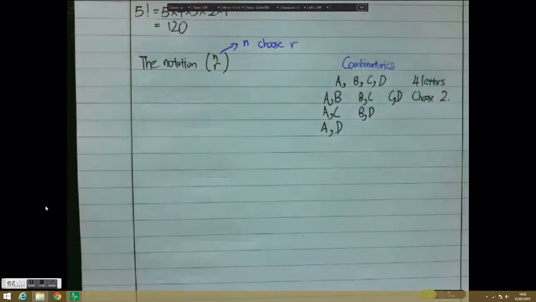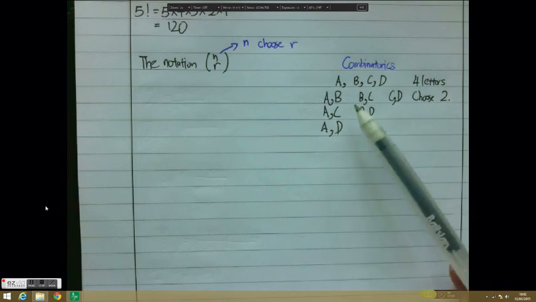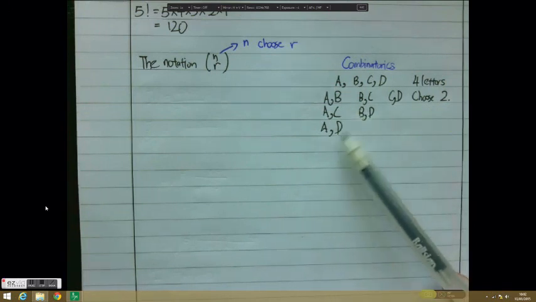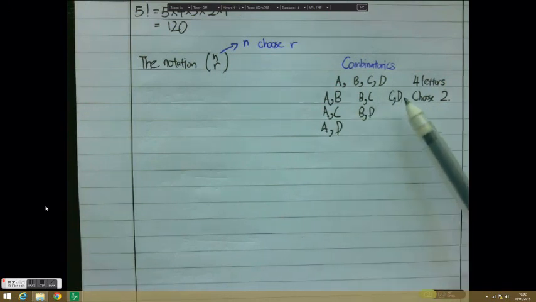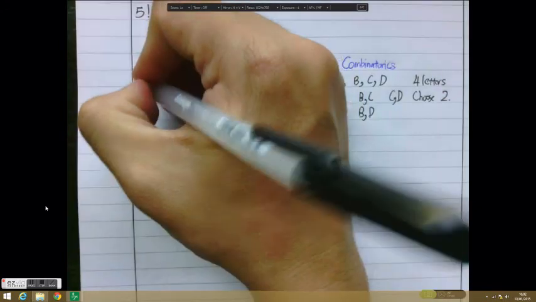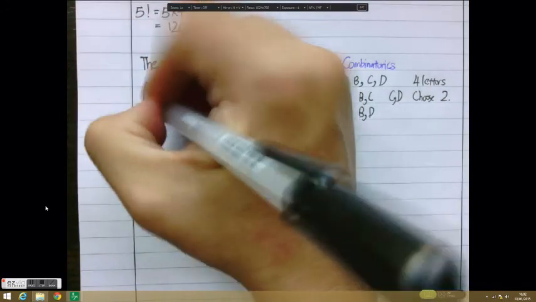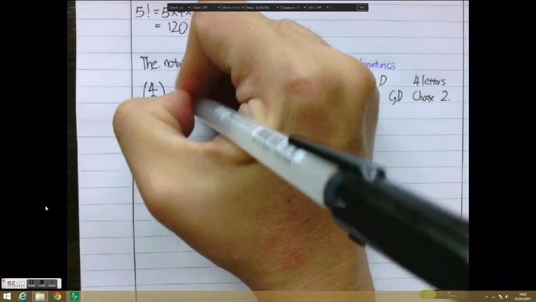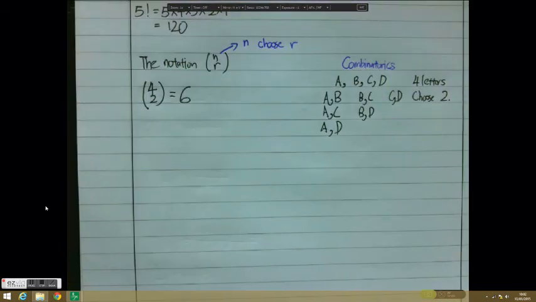Notice that I don't choose DA again because I've already chosen AD, which is basically the same thing. So I have 1 way, 2, 3, 4, 5, and 6 ways. So 4 choose 2 is equal to 6.